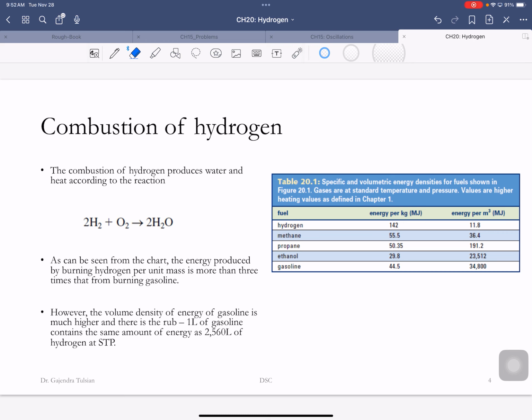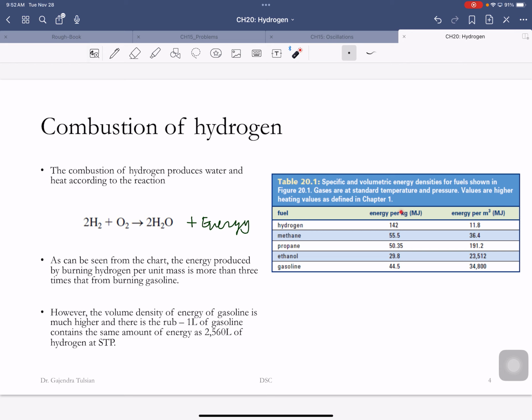All right, so again, you can burn hydrogen to get energy. And as we said, pound for pound, you get 3 times the energy from burning gasoline. Here are the numbers of that graph.